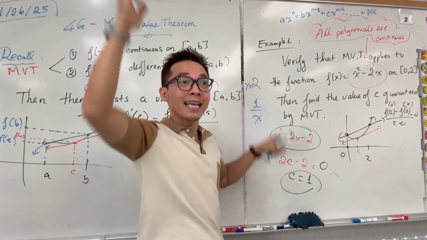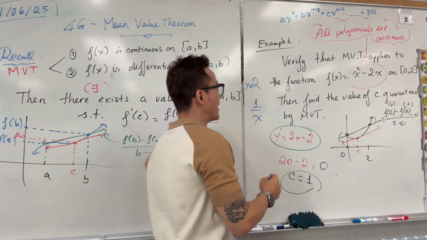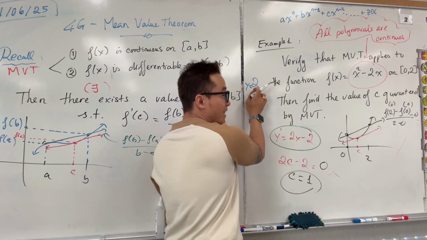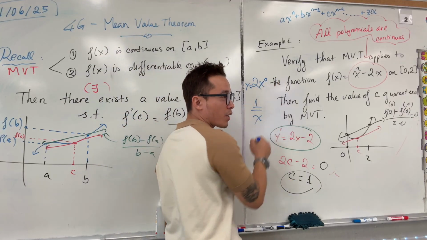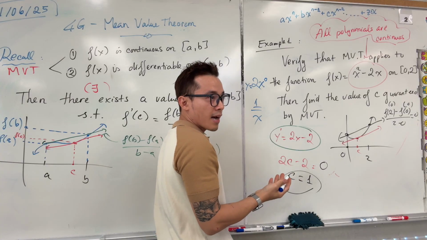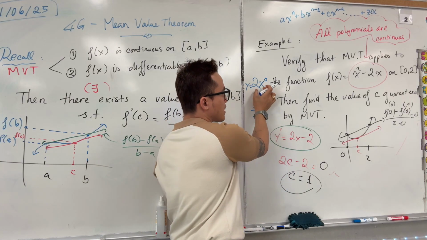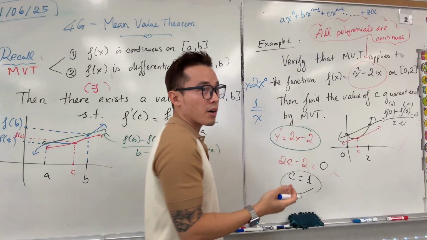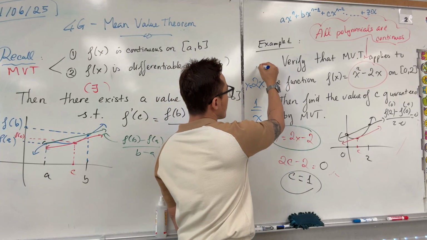Who's just staring at me? This is yes, because x to the power 0. Do you agree? Yes. As long as you have x, then this is a polynomial, right? It's fine.